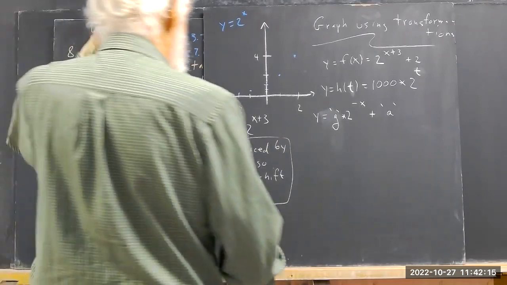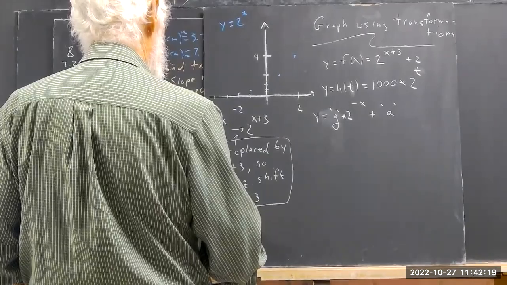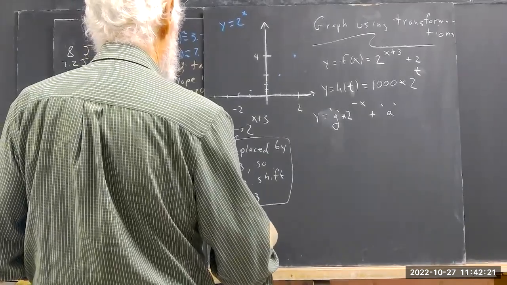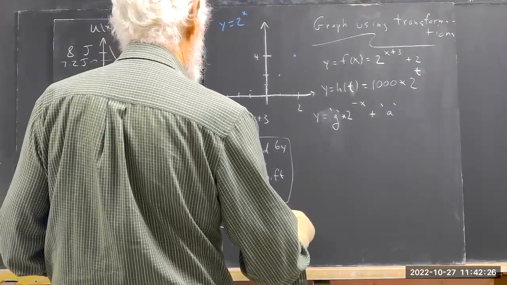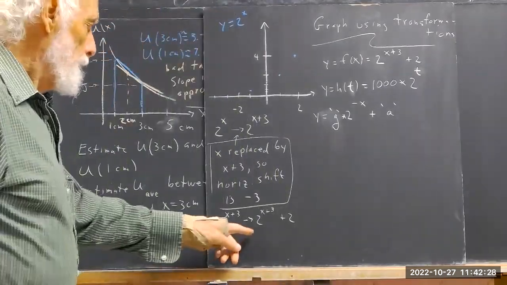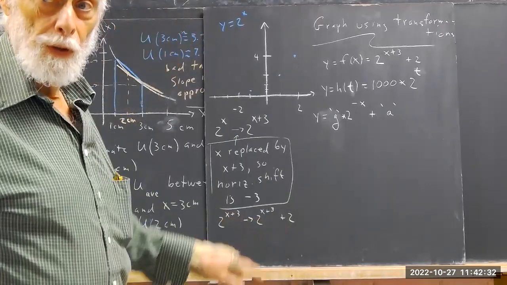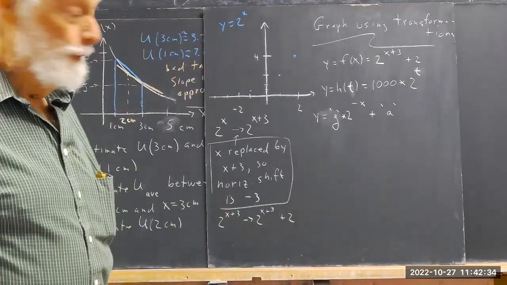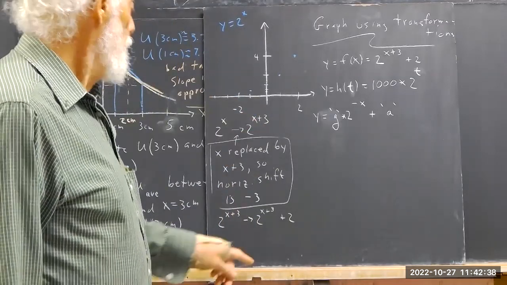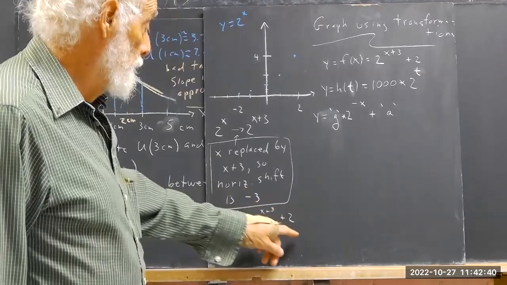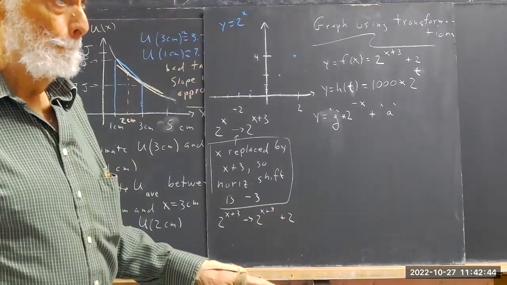Then we add 2 to the 2 to the x plus 3. So it's like y equals 2 to the x, now y equals 2 to the x plus 3, and now y is going to be 2 to the x plus 3, plus 2. It's clear that y has increased by 2, right?